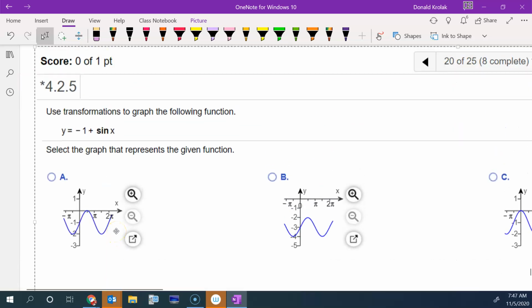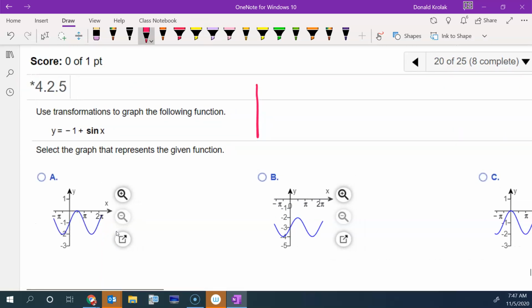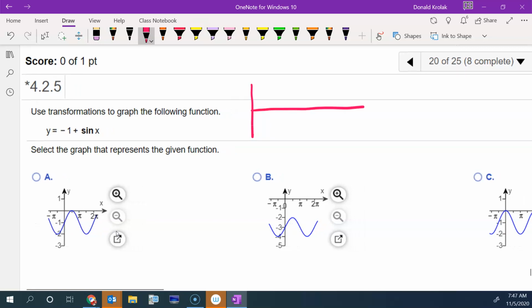All right, so normal sine, look at the board, what's the starting point of normal sine? 0 what? Right, okay. Now, if this thing moves down 1, what's the new point going to be? If it moves down 1, what's this point going to become? Slide it down 1 place.